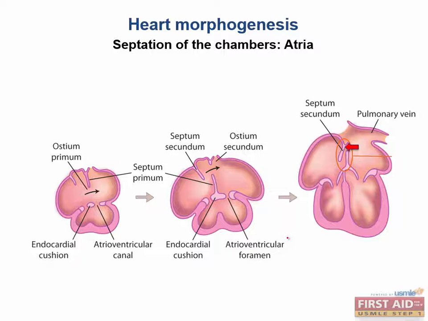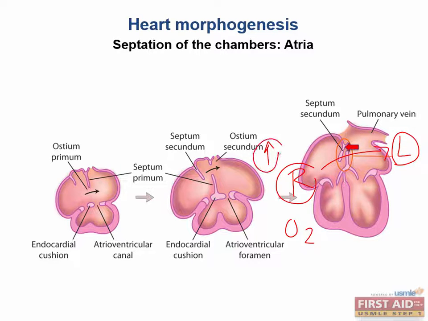So there is no problem with flow from right to left because we want oxygenated blood to bypass the pulmonary circulation by going straight into the left atrium through the foramen ovale. After birth, the pressures on the right side will go from very high to very low.